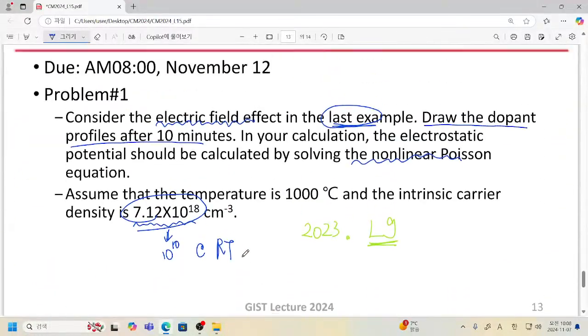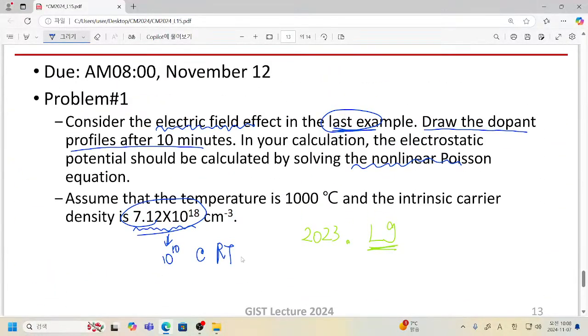And please note that for your reference, please visit our last year lecture and lecture 9. There you may find the result of not solving the nonlinear Poisson equation fully, but using the charge neutrality approximation. Please be inspired by that solution and do a more rigorous job with the nonlinear Poisson equation.